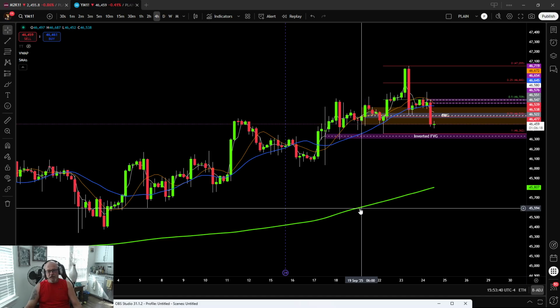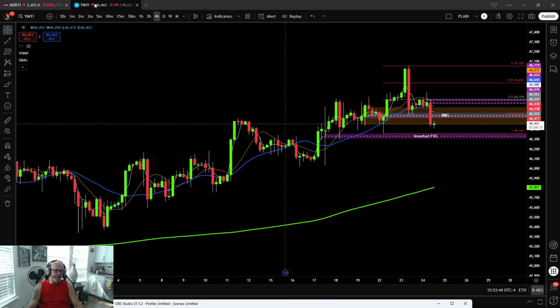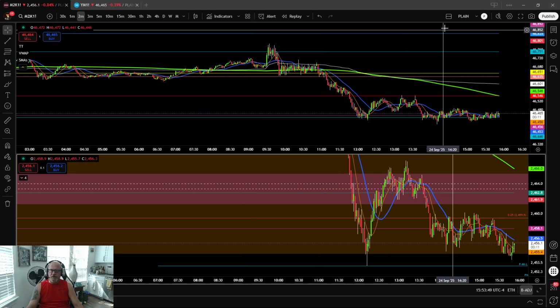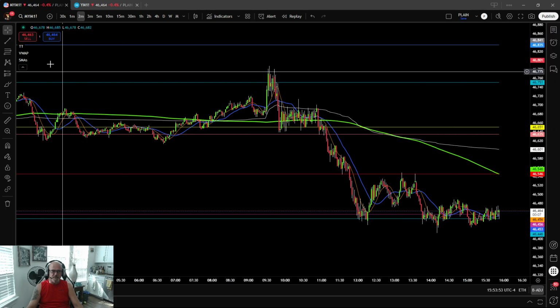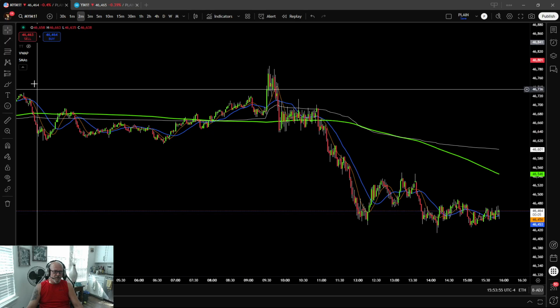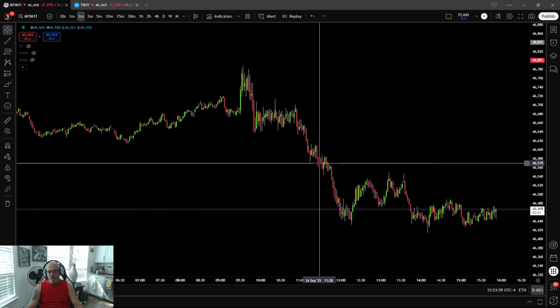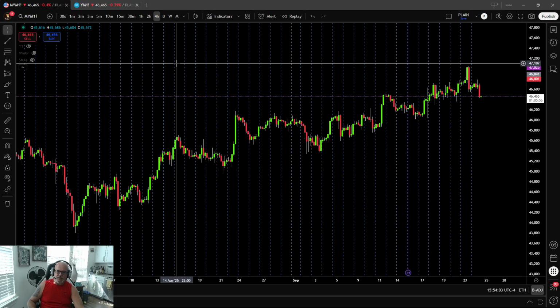So, it's called dealing range theory, and it's a pretty simple ICT concept. I wanted to come in and work with that a little bit, explain what it is and how I use it in my own trading.